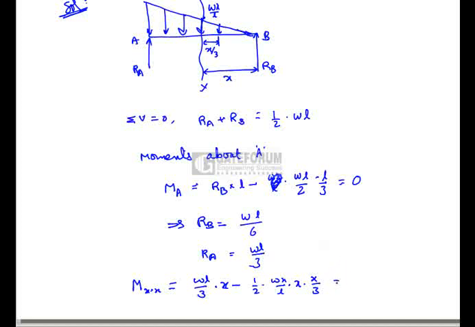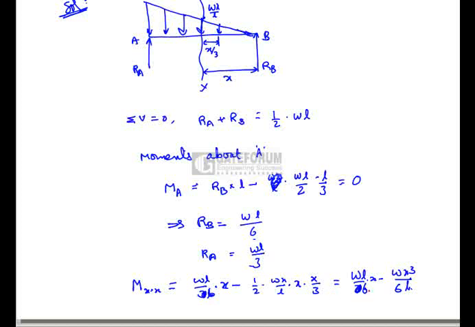So now it is equal to WL by 6 into X minus WX cube by 6L. Sorry, it is WL by 6 because RB is equal to WL by 6.